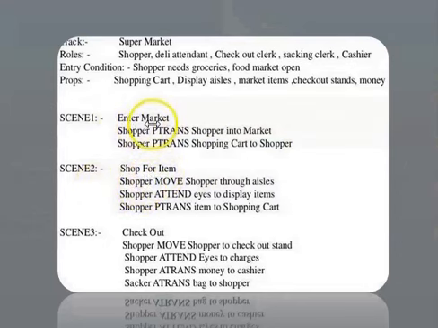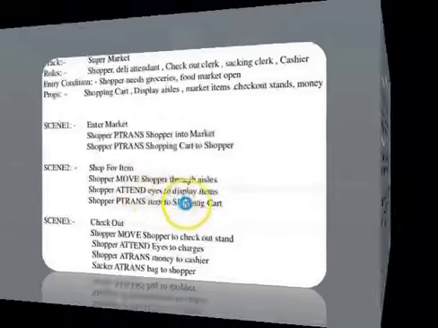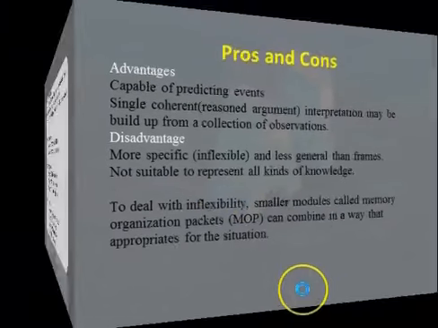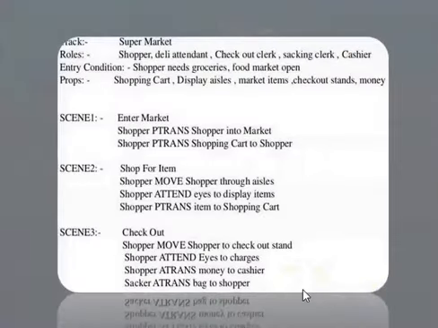The shopper has entered the market. Then he or she will be starting the shopping process. There again we can use different acts here, like move, attend, P-trans, etc. In short, we will be using the conceptual dependency format for describing the scenes.